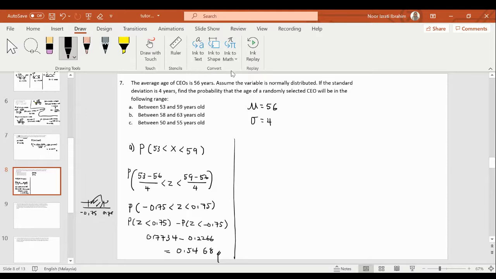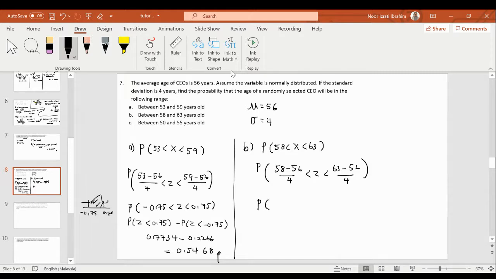For B, we want to find the probability of x in between 58 and 63. So it will be the probability when 58 minus 56 divided by 4, and then this is z, and then 63 minus 56 divided by 4. That's how we transform x to become z.